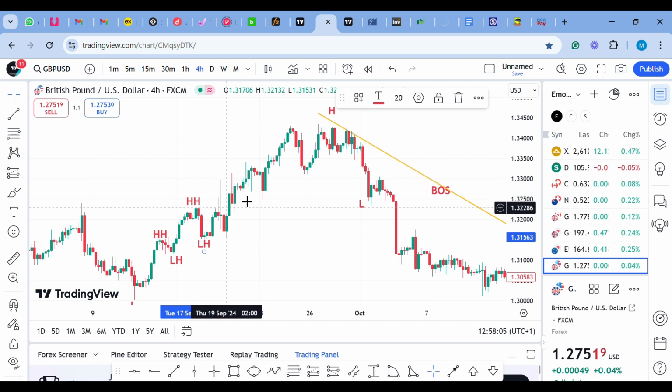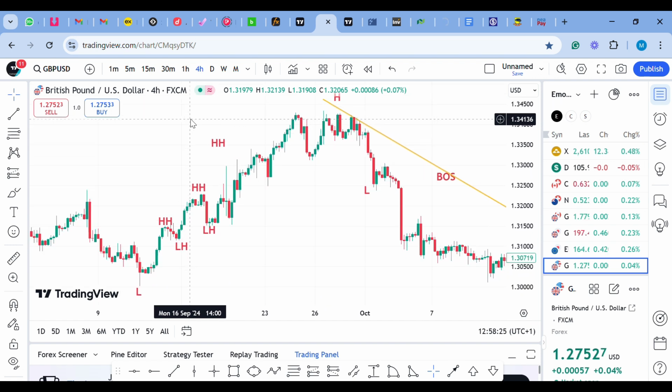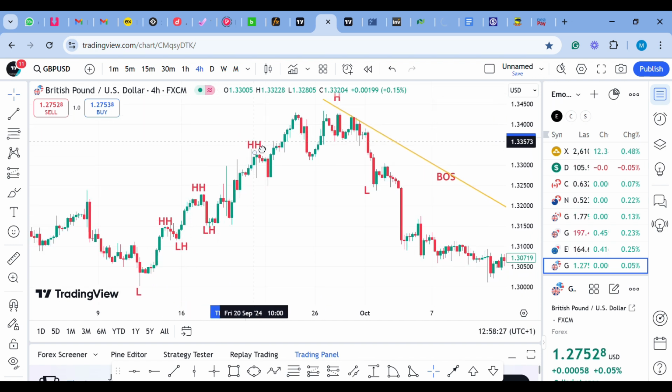For me, I would take everything here as an impulsive move from this point to this point. So then I will pick this as our current higher high. Let me just label it higher high. This is our current higher high.